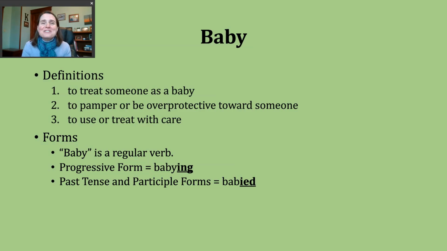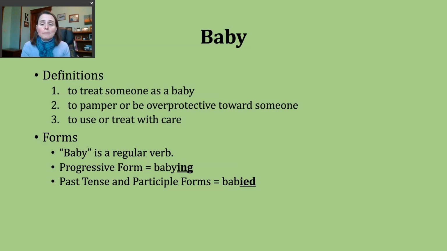For now, you should know that baby is a regular verb. If you want to make the progressive form of this verb, all you need to do is add ing, and that forms babying. The past tense and the participle form are going to require a small spelling change.